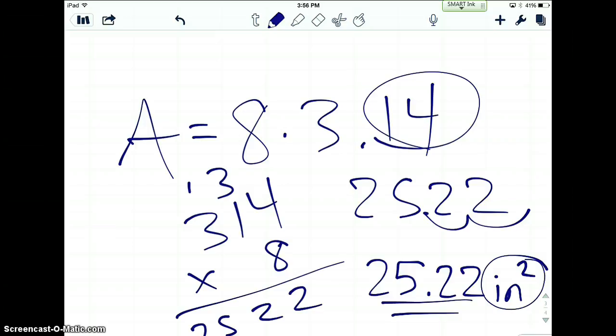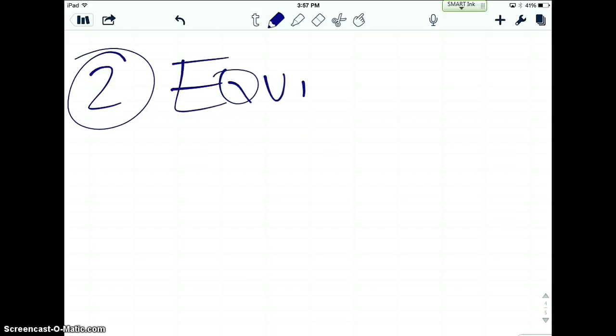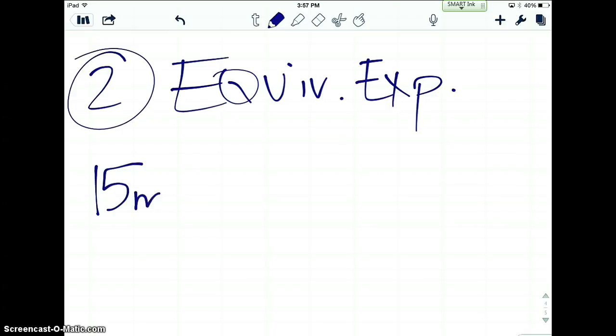All right, let's move on to the next thing being tested, which is writing equivalent expressions. So second one, writing equivalent expressions. Let's try something like 15m plus 3m(6).